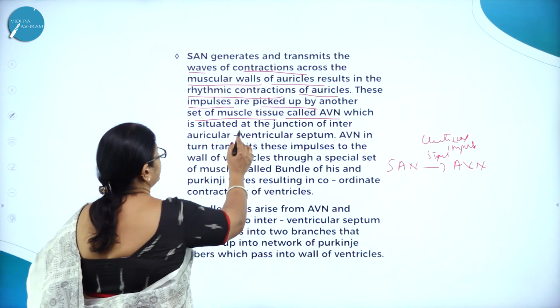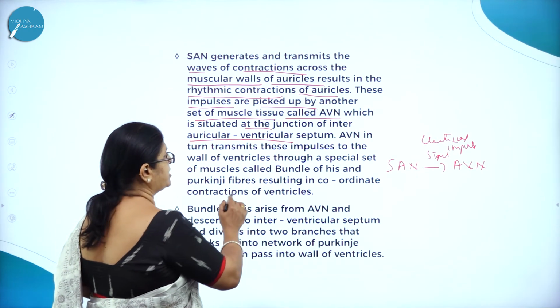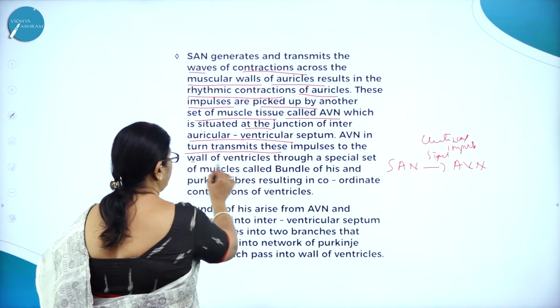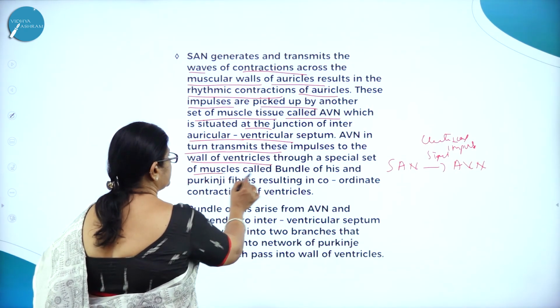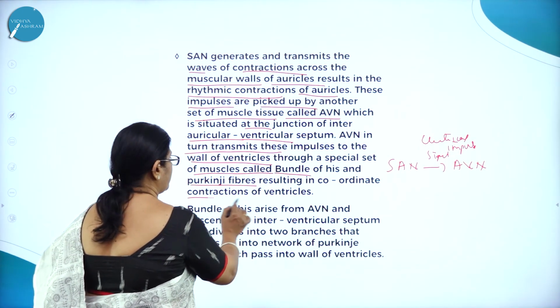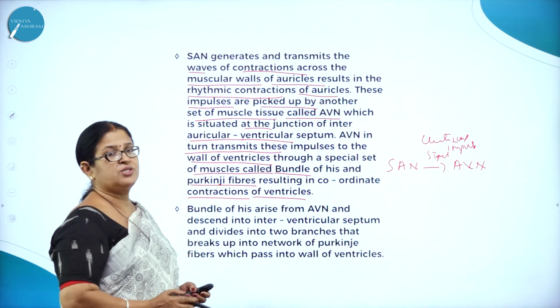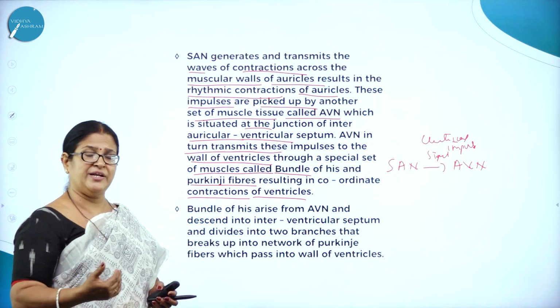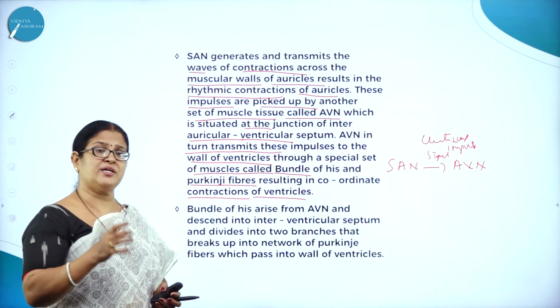AVN is situated at the junction of the interauricular and interventricular septum, and in turn transmits these impulses to the walls of ventricles through a special set of muscles called bundle of His and Purkinje fibers, resulting in coordinated contractions of the ventricles. Once the auricles are emptied, the ventricles become full. Again, the ventricles contract.